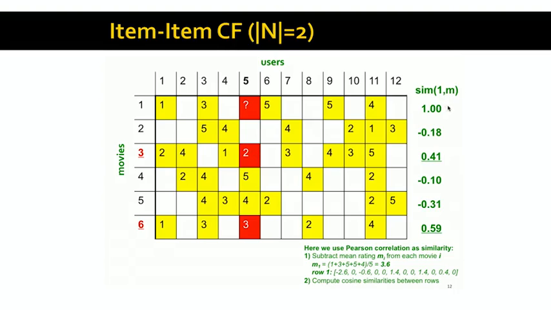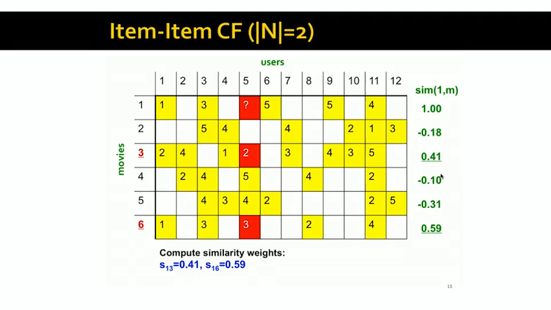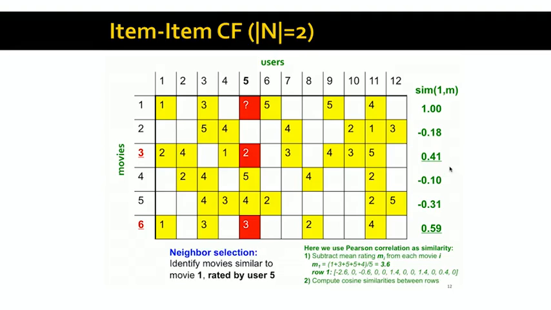Movie 1 is, of course, 1.0. Movie 2 is somewhat dissimilar to movie 1, and so on. And so this vector lists the centered cosine distances of all the different movies with respect to movie 1.